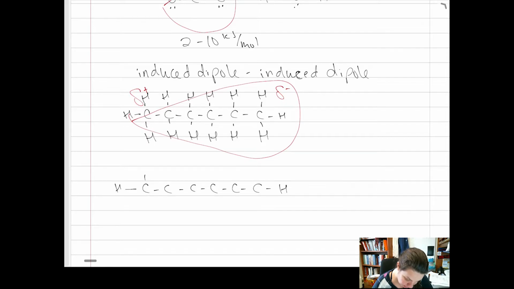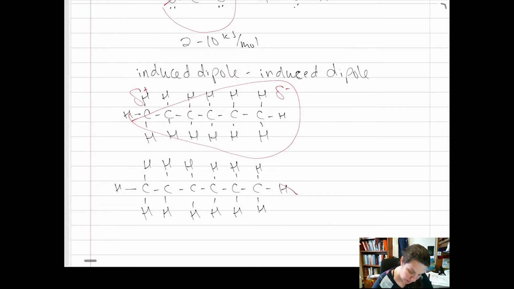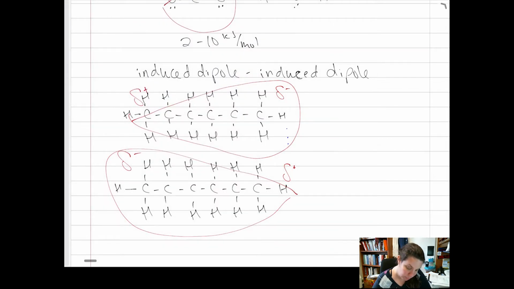So as this comes in contact with this other nonpolar molecule, it will cause its electron density to shift, inducing a dipole. That looks like this, a partial positive end and a partial negative end. And those will interact. Voila.